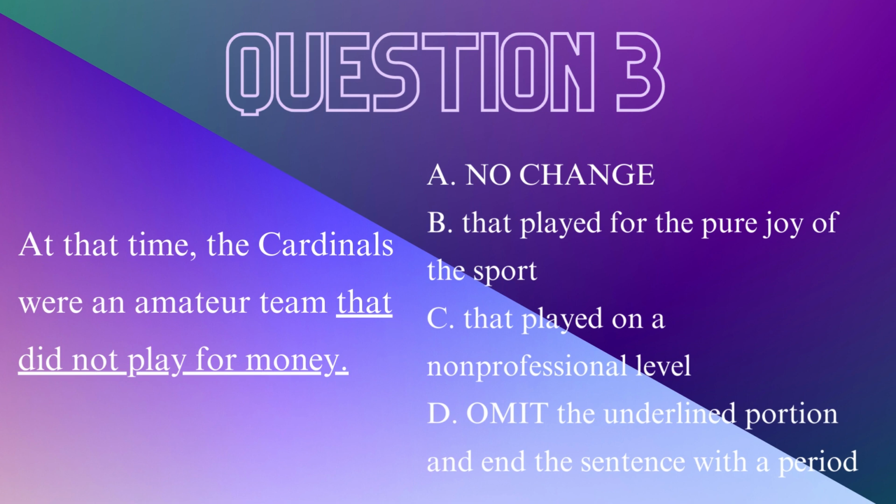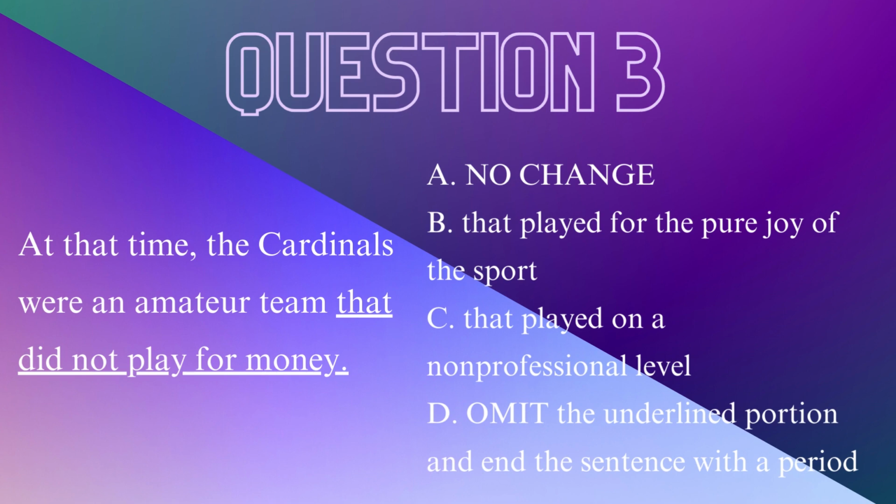Well, we know what the word amateur means, and it pretty much means the same thing that the underlined portion says, that maybe B says, or that even C says. That's another thing I notice. I notice that choice A, B, and C are all kind of similar because they all kind of describe what amateur means. Now, that tells me that there's one answer that kind of sticks out as being different than the others.